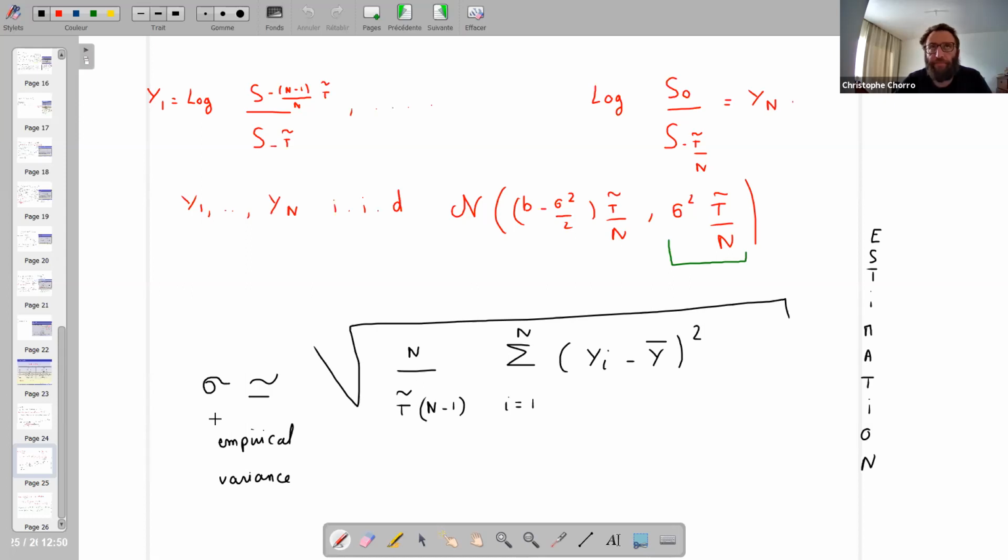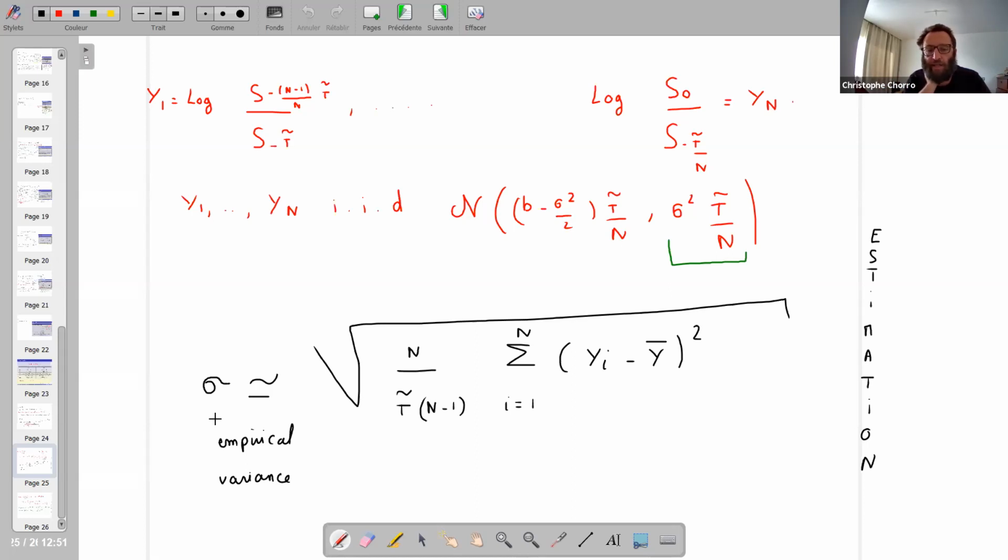Because the Black and Scholes model is based on a very strong hypothesis, that is to depend on a single parameter, the volatility sigma, that is constant over time in particular. But it is also constant for any call option, for any maturity and any strike.